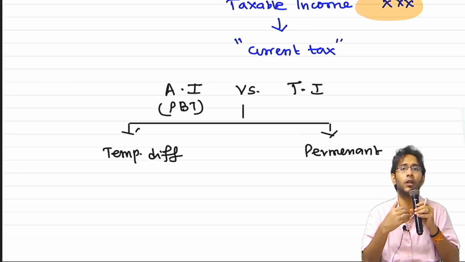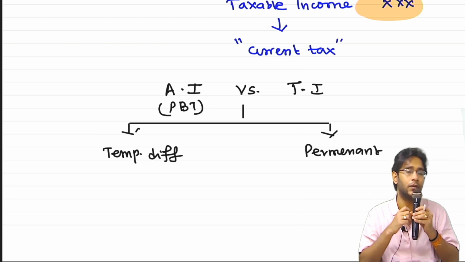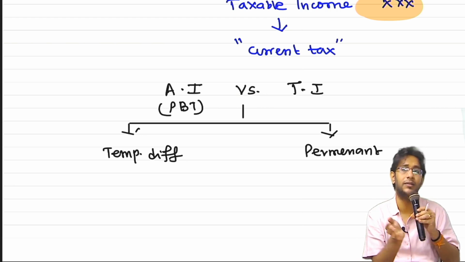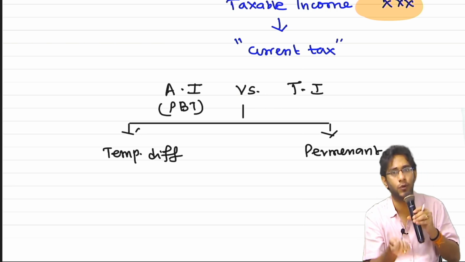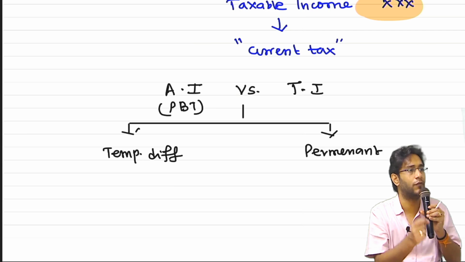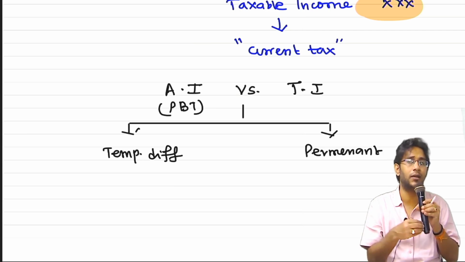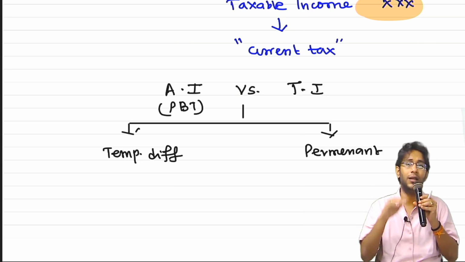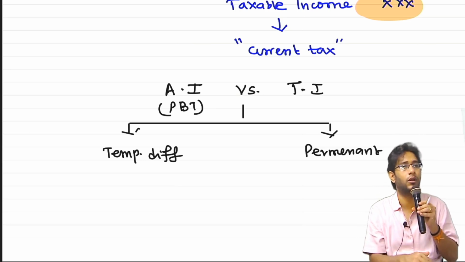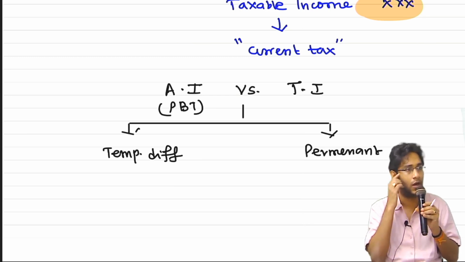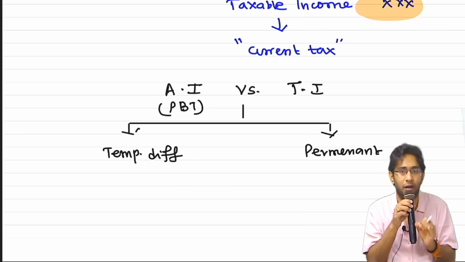Even though taxable income of the current year is higher, in the subsequent year when you actually pay the bonus, the income tax authority will give you a deduction for that bonus. That means even though taxable income is higher than accounting income in the current year, in the next year taxable income will be lower than accounting income, because when the bonus is paid, the deduction is allowed. Are you understanding? This is called a temporary difference.